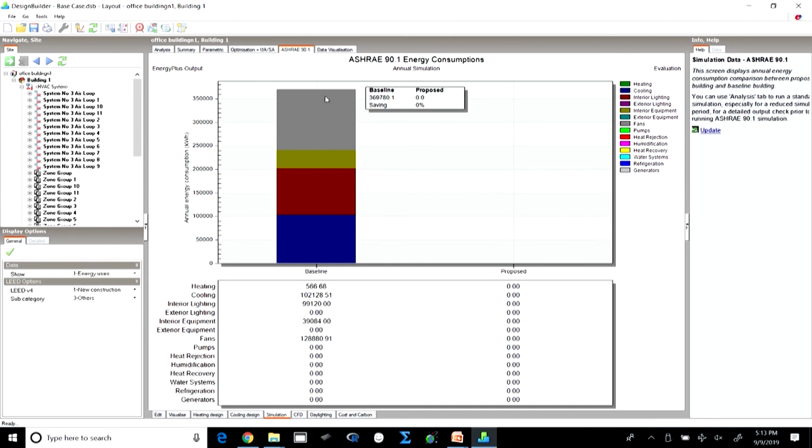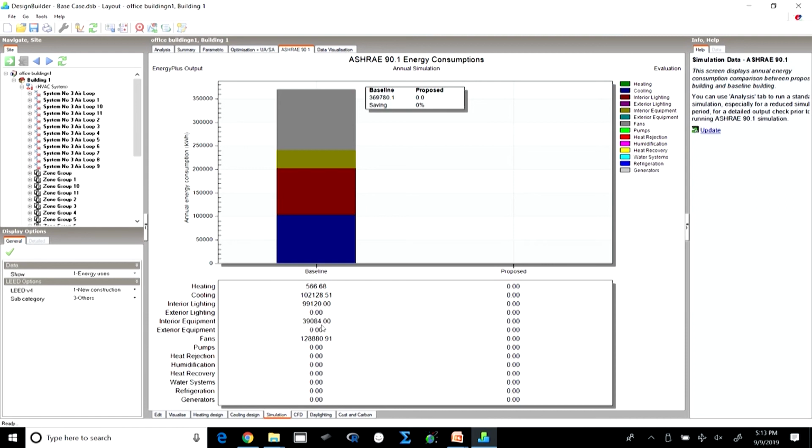So, here it very clearly shows what is the baseline performance, what is the total energy consumption for the baseline building, and where all for the annual is this energy going in. So, a lot of energy is going into fans for mechanical ventilation, for bringing in the outdoor air. Substantial amount of energy is going into cooling and interior lighting as well.